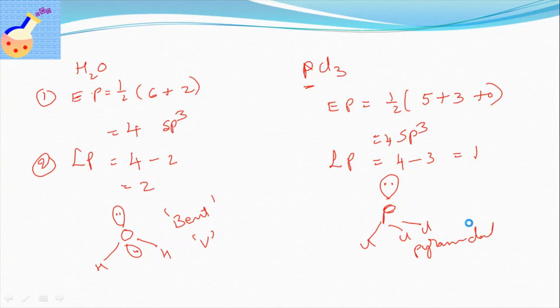I will give you one more example. So that is ClF3. In this case, half of 7 plus 3, so 5, sp3d, and the next step is for the lone pairs, 5 minus 3, it will be 2. Then the shape of the molecule is, so this is trigonal bipyramidal, and you have to put the 2 lone pairs in the equatorial positions. It will be like this, and the remaining I will draw as another structure for this.